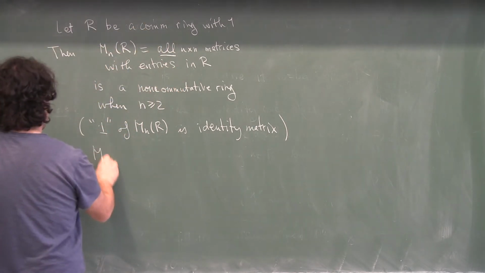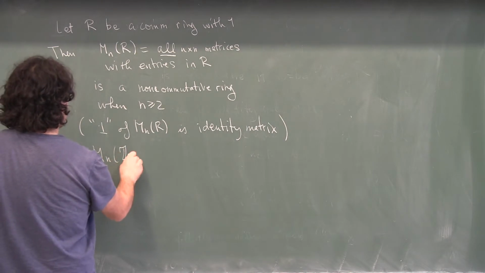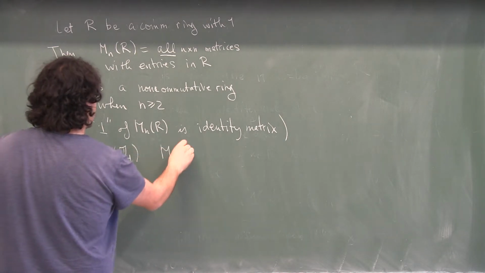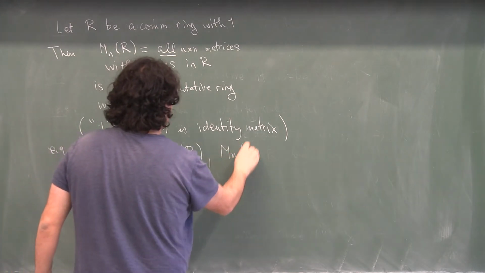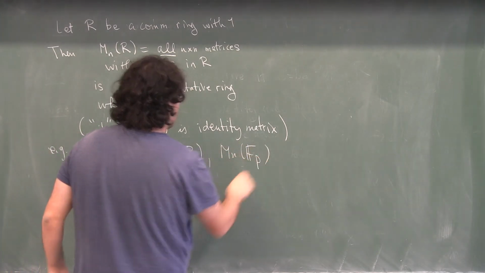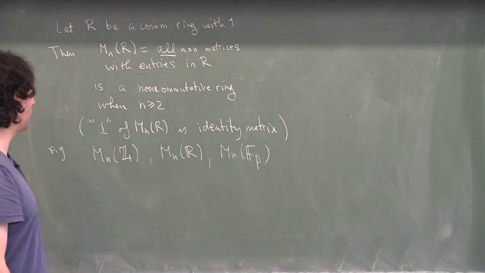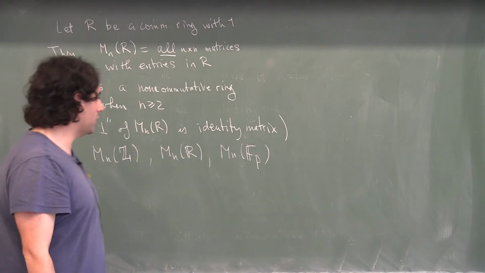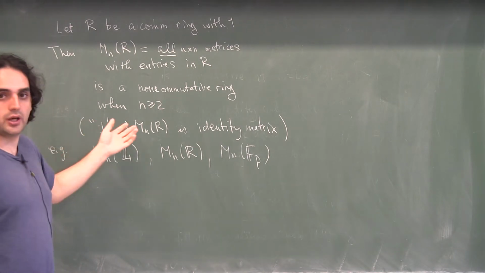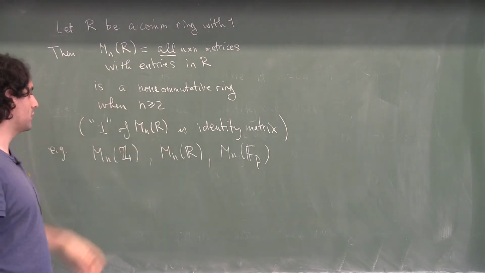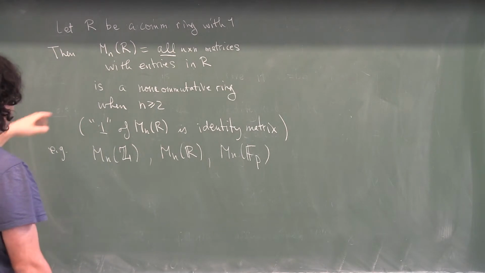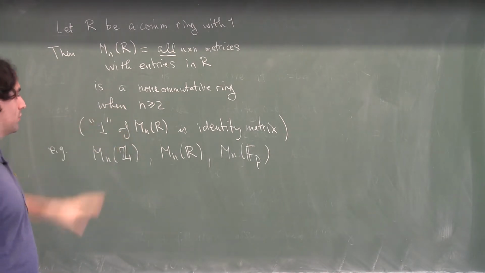So I have n by n matrices over Z, over R, over Fp. I can do this to all of my favorite rings. These are very nice rings, and there is a lot to say about them, but let me leave them for another course.